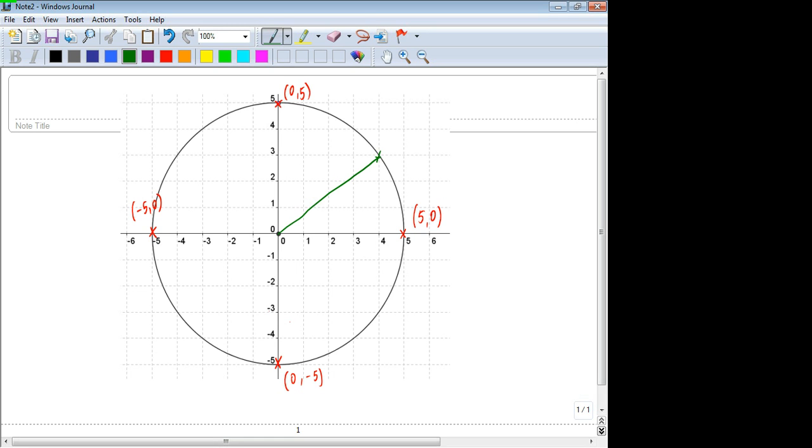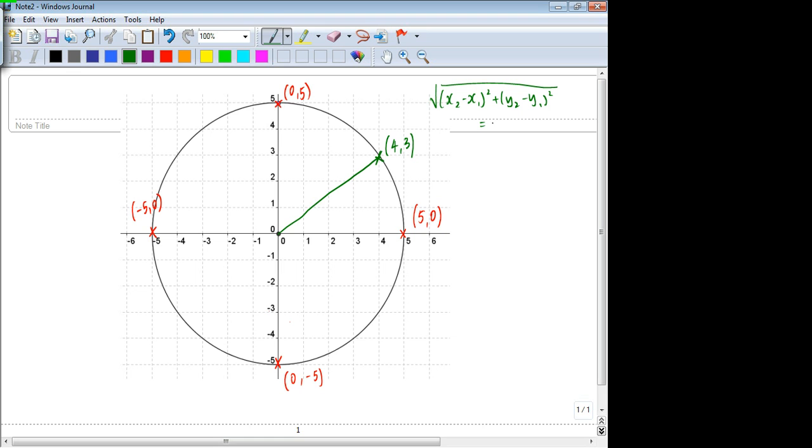So if we were to use what we have learned previously for calculating the length of a line segment, we will be able to do so as well. What are the coordinates here? 4, 3, right? So if I want to find the length of this line segment, I use square root of (x2 minus x1) squared plus (y2 minus y1) squared.